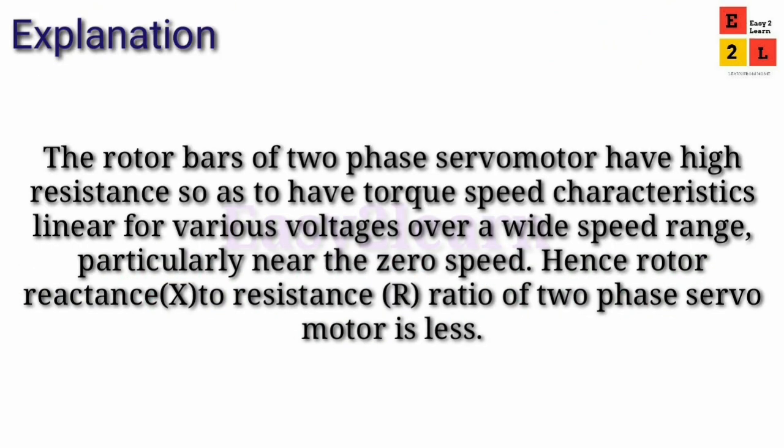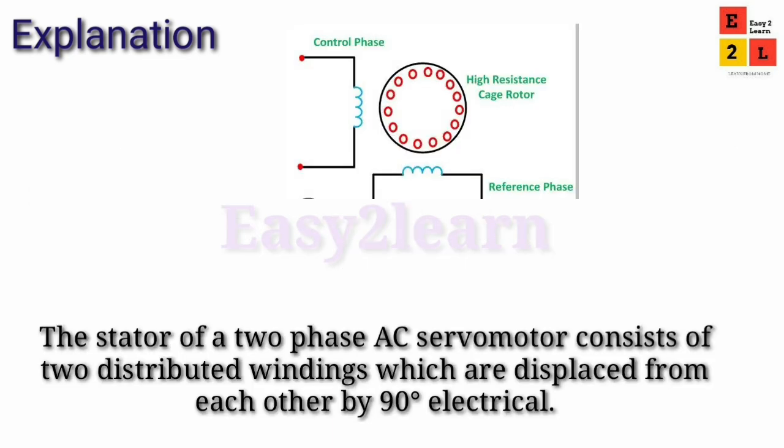The rotor bars of two-phase servomotor have high resistance so as to have torque-speed characteristics linear for various voltages over a wide speed range, particularly near the zero speed. Hence rotor reactance X to resistance R ratio of two-phase servomotor is less. The stator of a two-phase AC servomotor consists of two distributed windings which are displaced from each other by 90 degrees electrical.